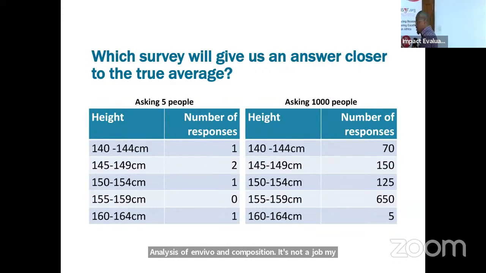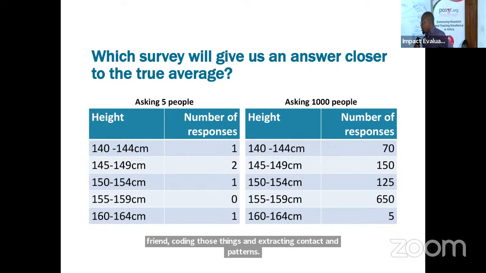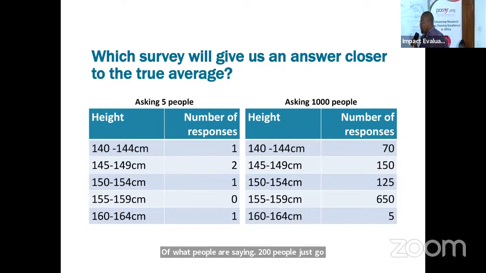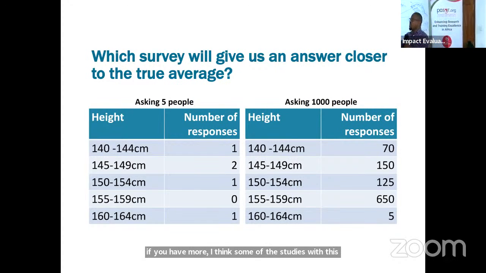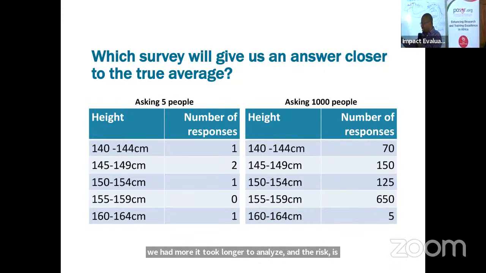Coding those things and extracting content and patterns of what people are saying, 200 people will just make you go nuts. That's why they recommend not less than 50 for qualitative surveys. In some of the studies we did, we had more, and it took longer to analyze. And the risk is that you are likely to hear the same thing over and over, so there's no value add.